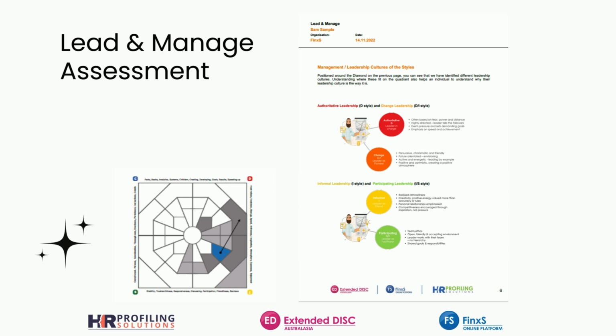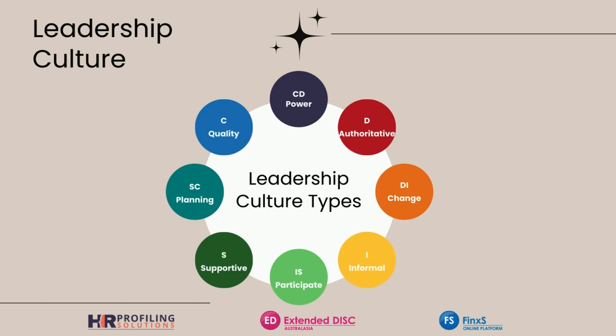The report has obviously a brief description of each leadership culture or type as well, to get some great discussion going. And you can see here on the screen, it goes through for a couple of pages and has each different leadership culture around the diamond. So pretty important to have a look at and be able to utilise as well. We're just going to bring up the whole of the leadership cultures now.